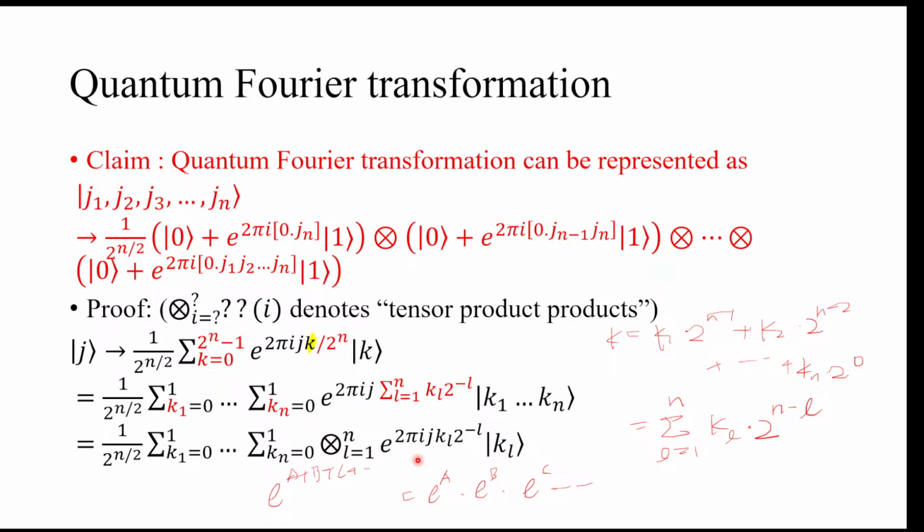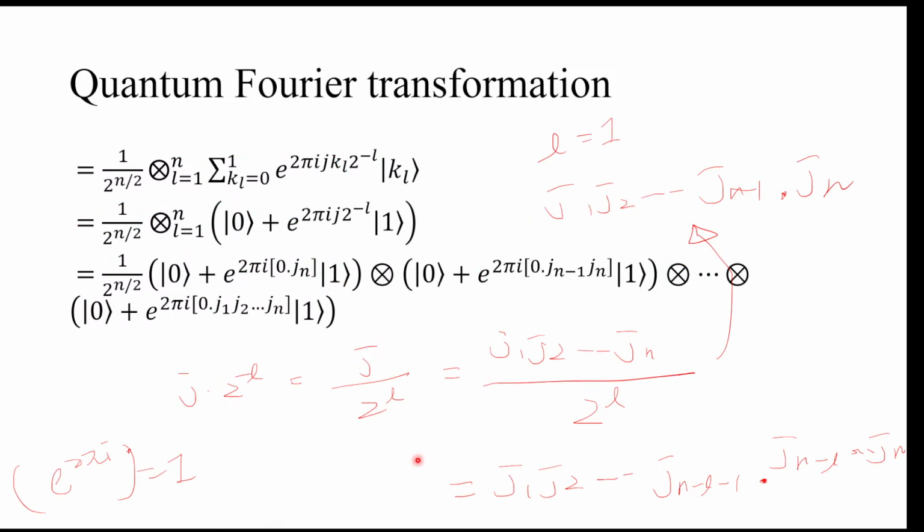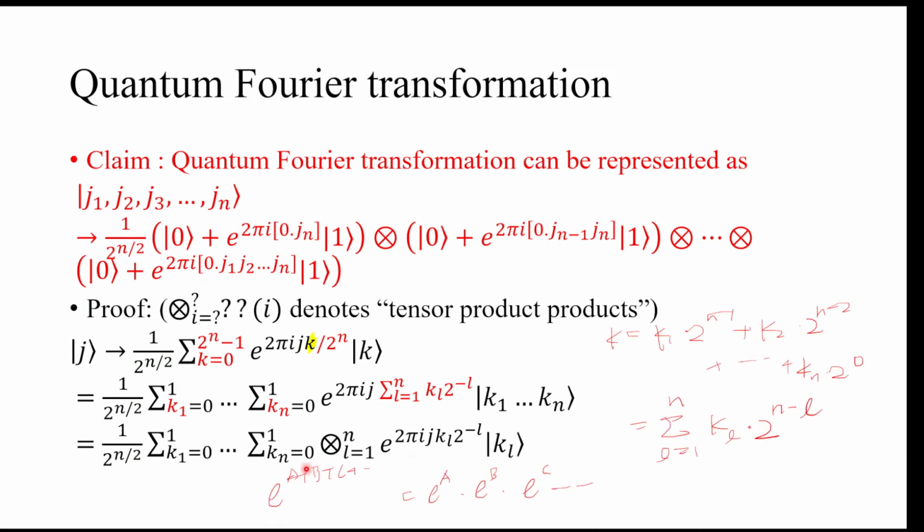Okay, from here, let's do the next step. We change the order of doing the tensor product and the summation. We can do this because the summation is separated out. In the tensor product, each term only depends on one l, and each summation only sums over one k_l.